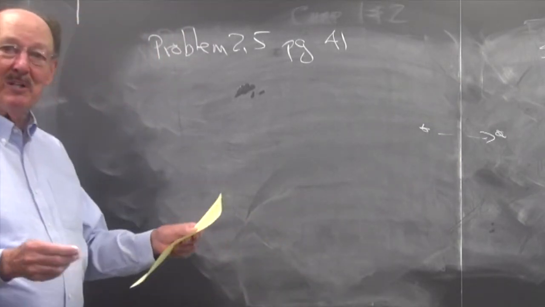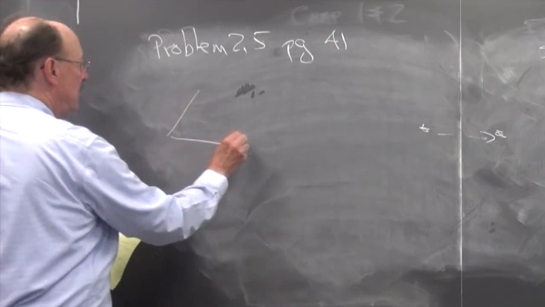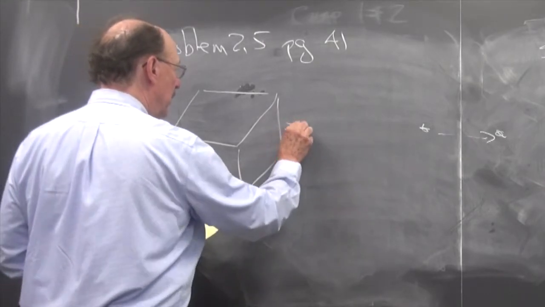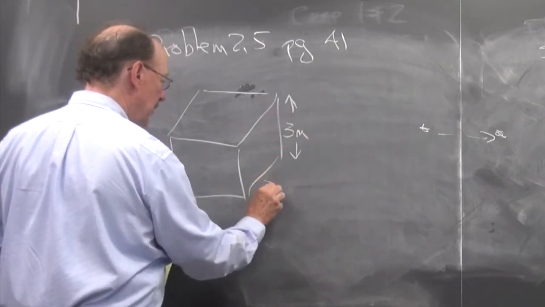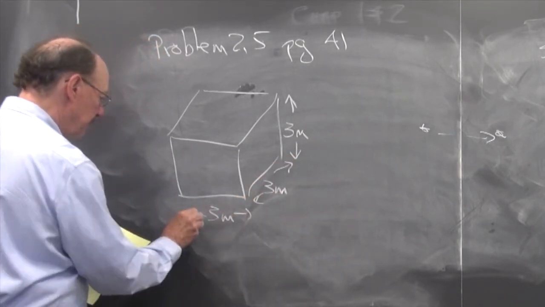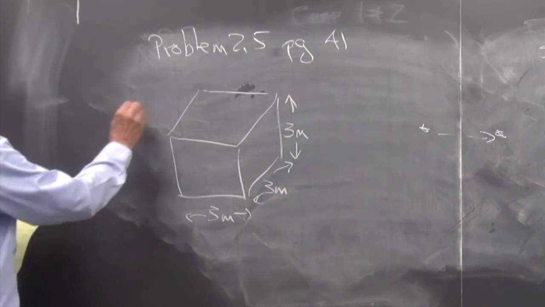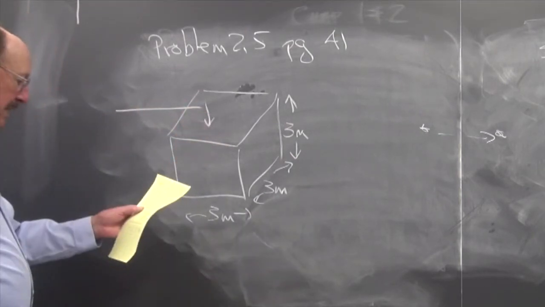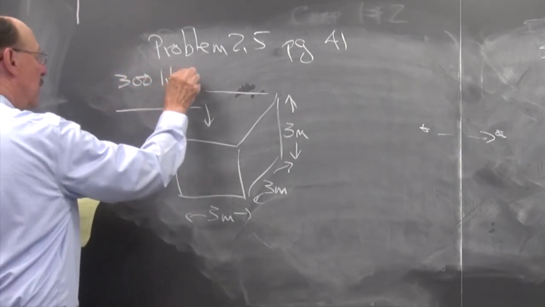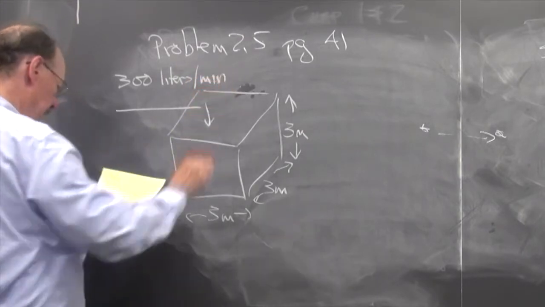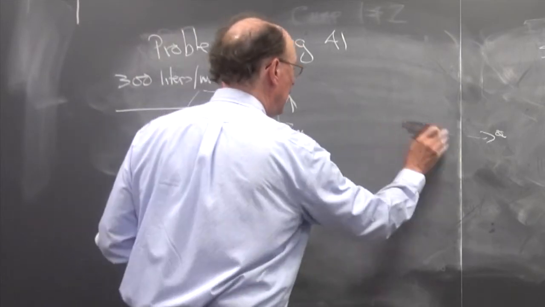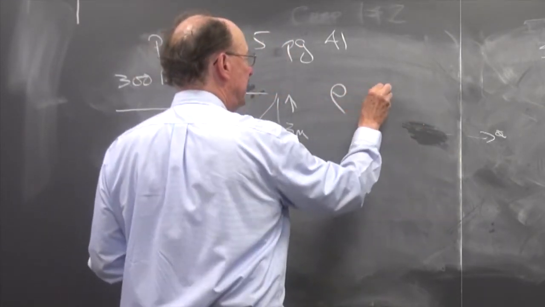So now, if I take this problem, it was a tank, 3 meters, 3 meters, and 3 meters on the side. It was empty, and it was being filled. So I'm filling it with 300 liters per minute. And the density, rho is density.